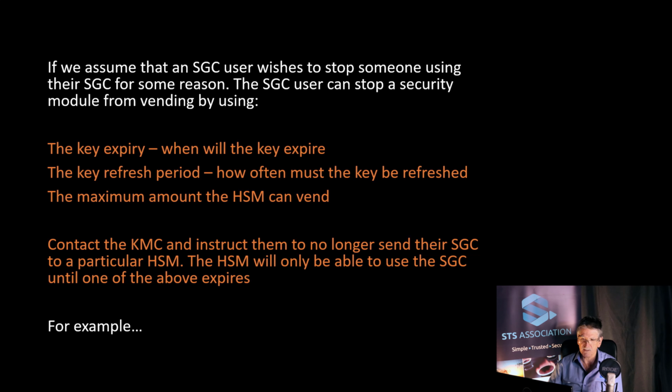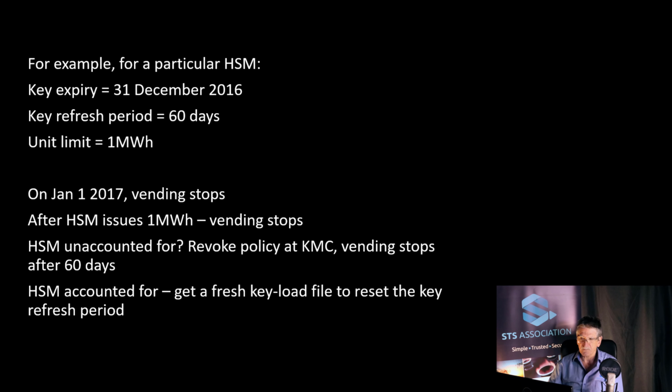For example, for a particular secure module, the key expiry is set to the 31st of December 2016. It has a key refresh period of 60 days and a unit limit of 1 megawatt hour. On January the 1st, 2017, the vending stops, and that is because the expiry date is the 31st of December.